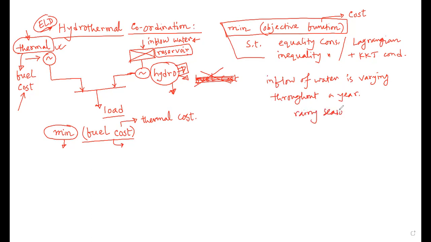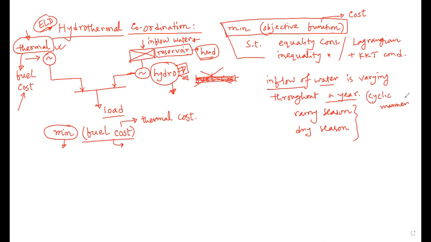If we divide the whole year into some rainy season and some dry season, this variation of water inflow, or the reservoir head, the height of the water inside the reservoir, actually varies throughout a year in a cyclic manner. This is the plus point for us. So that will vary in a cyclic manner.